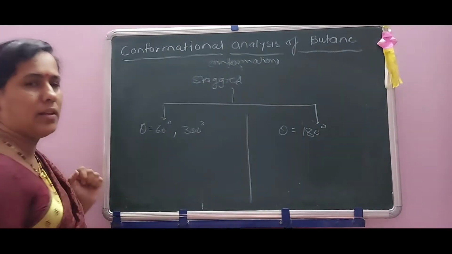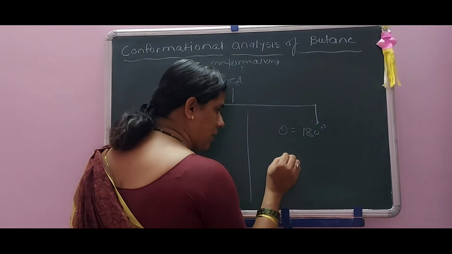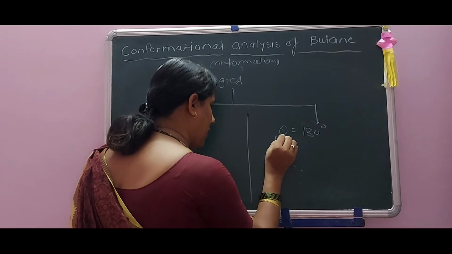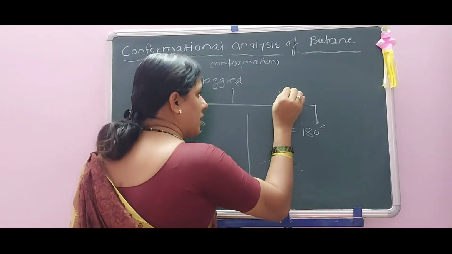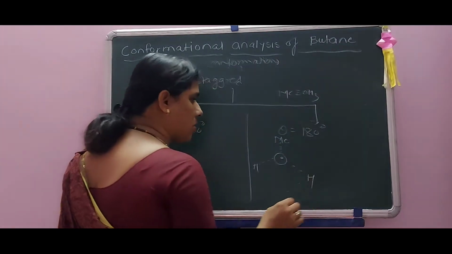First we are going to explain theta is equal to 180 degrees. The structure is as follows. This is the front carbon, this is the rear, this is also Me. Me stands for the CH3 group in short. Here H and here also H.